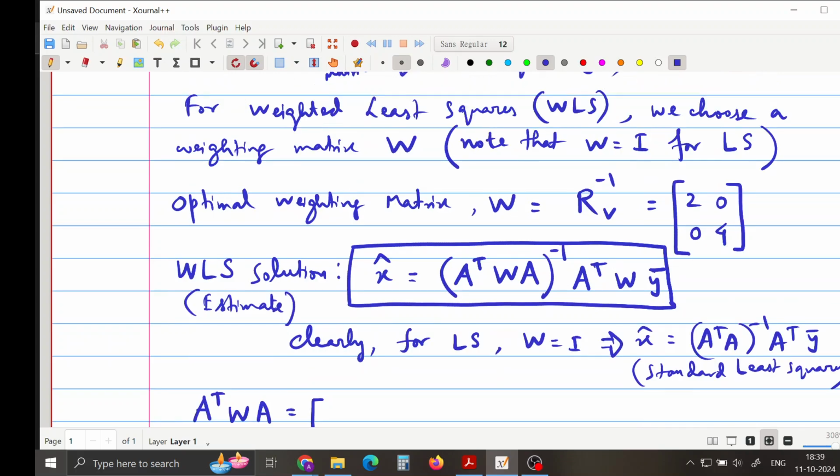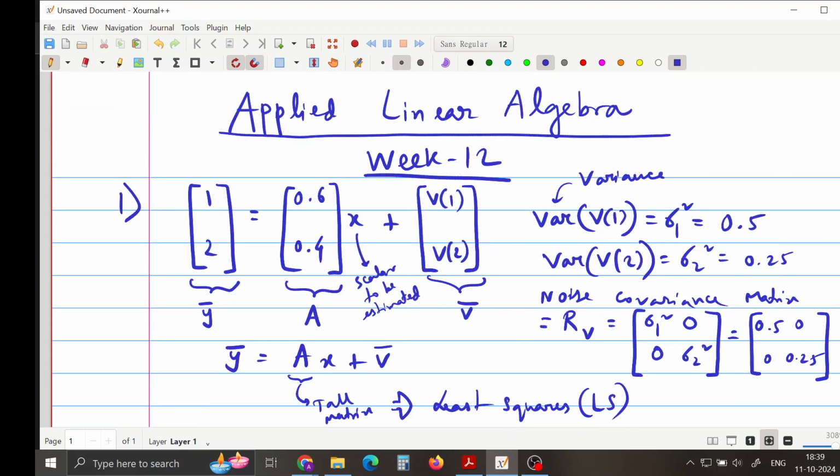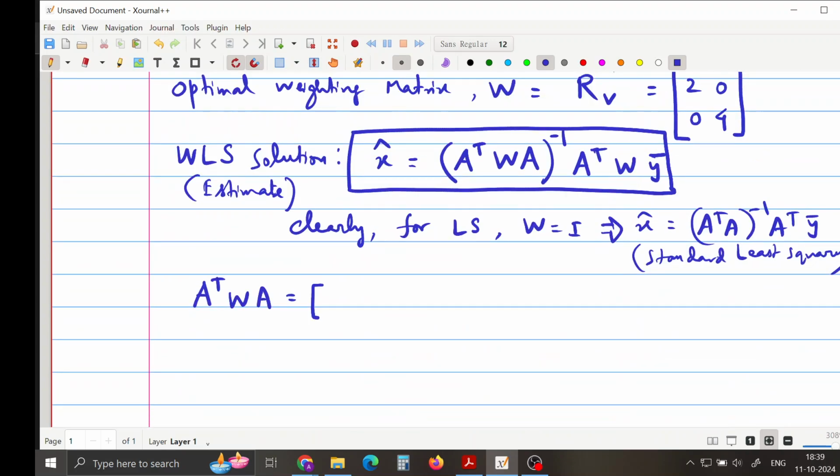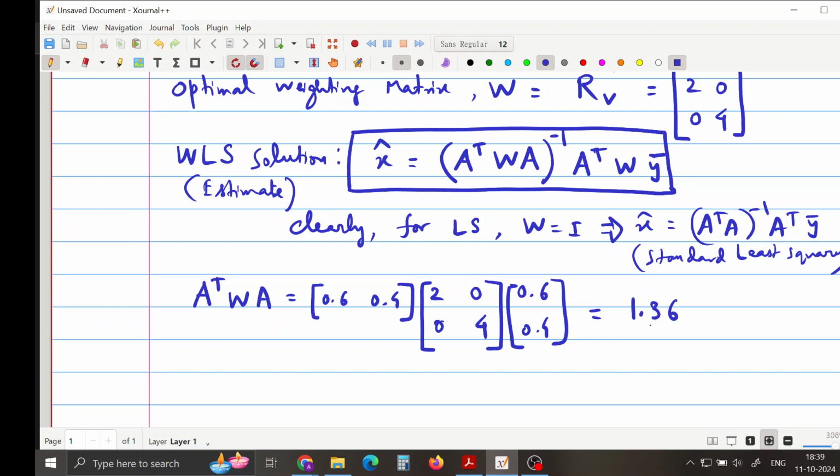A, remember, was that column vector 0.6, 0.4. You take its transpose and you get this row vector, and W you have calculated, which is the reciprocal of the noise covariance matrix. You got this as your W, the weighting matrix, and then you have A. If you calculate this, you'll get 1.36.